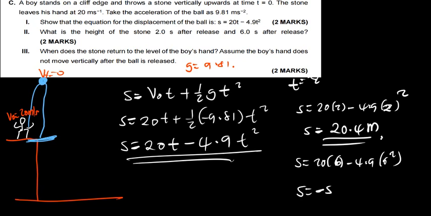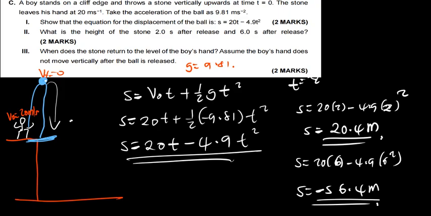It is the displacement, so it is making sense to have negative. So when t was equal to 6, then the displacement was negative 56.4 meters. That would mean to say it has reached that point, it is now coming down. That's why the displacement is negative.